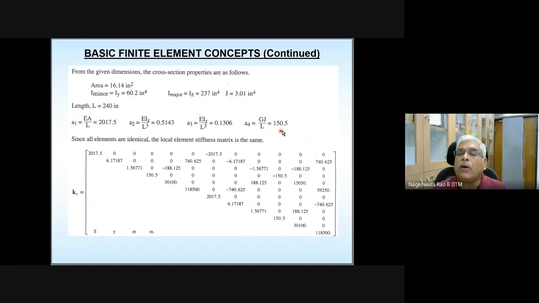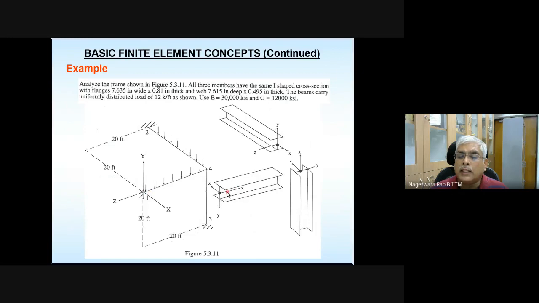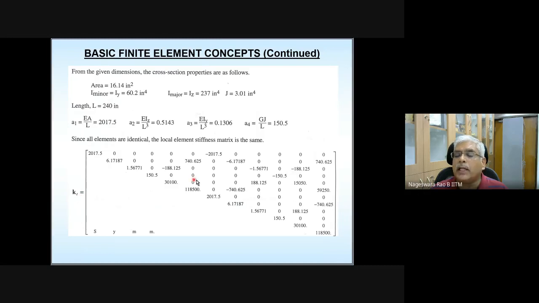And once you have all this, we have defined some coefficients like A1, A2, A3, A4, in the local coordinate system.